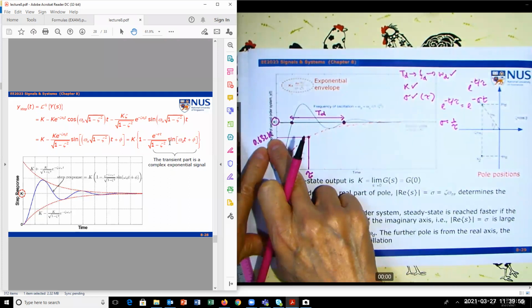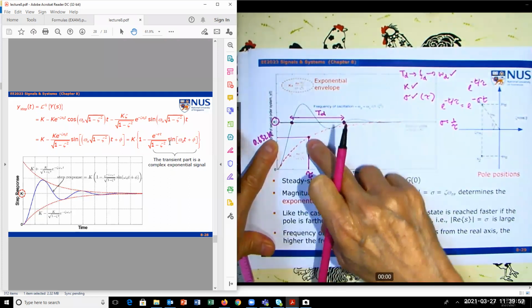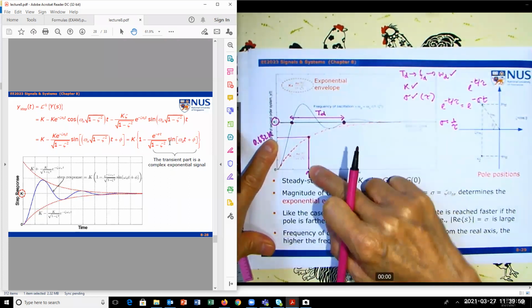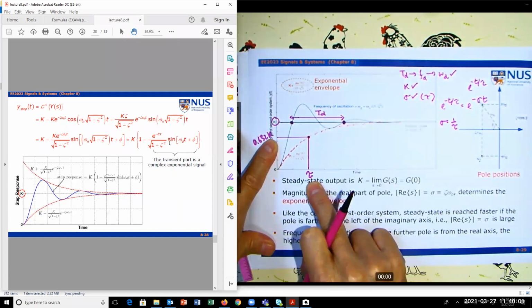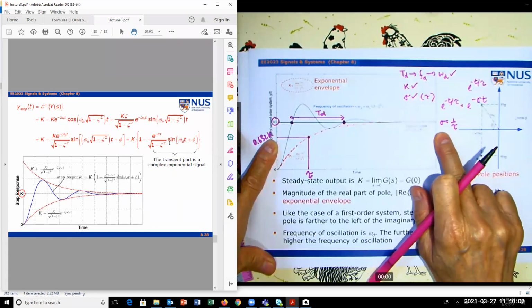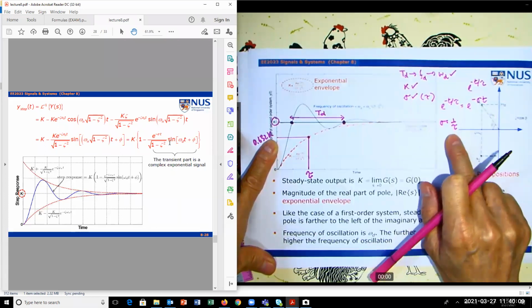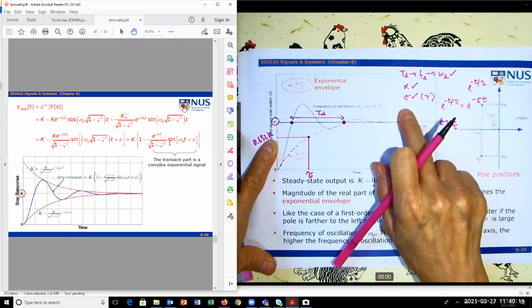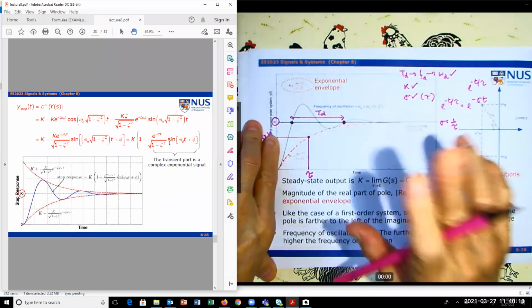Draw a horizontal line, intersect here, draw a vertical line. That gives me tau. Tau and sigma are related in this formula, so therefore I know sigma. There are three things that I know now.